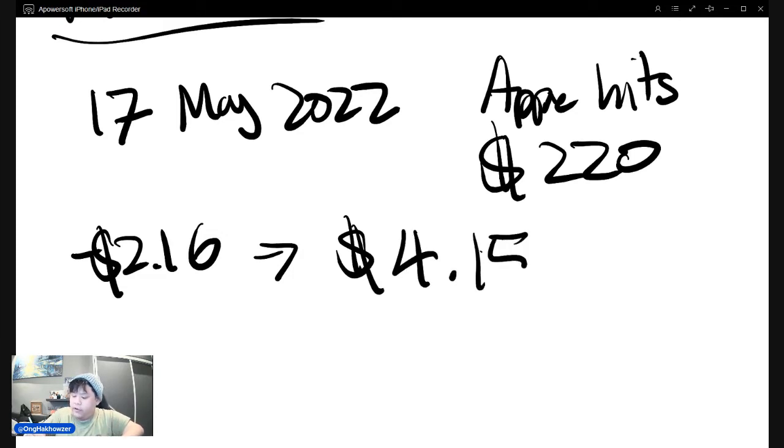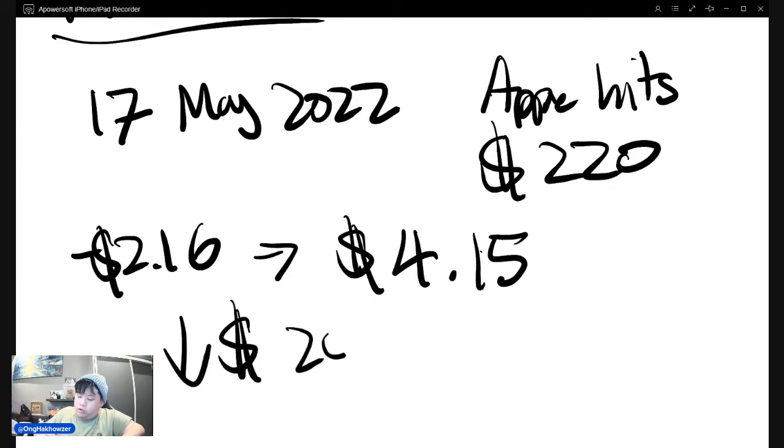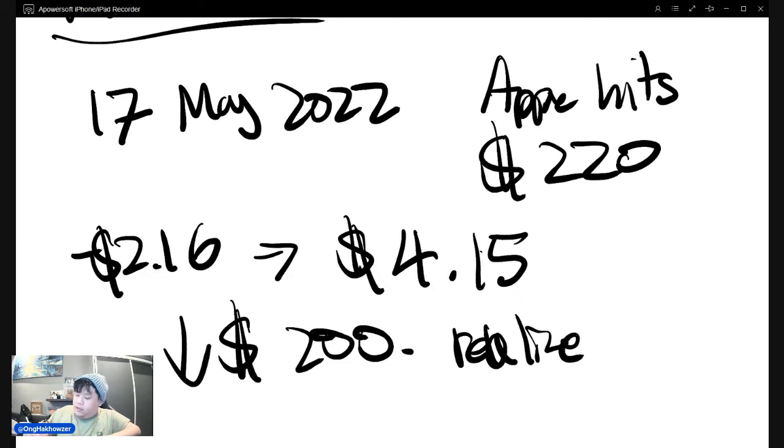So let's say $415. Now you are going to be down close to $200 on that option itself. And now you have to think about it: do I want to just buy back in and realize the loss of $200?